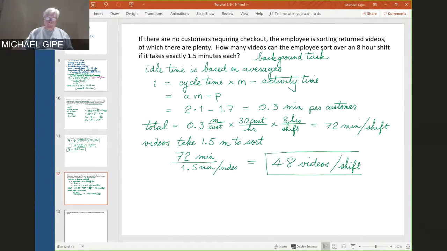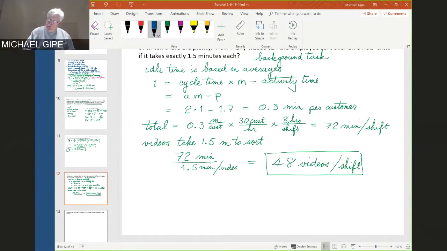That's our answer here. We can also, like we did before, use the utilization numbers.